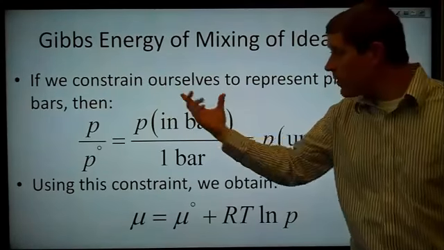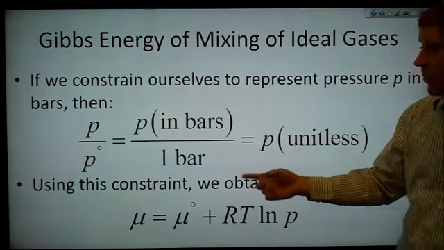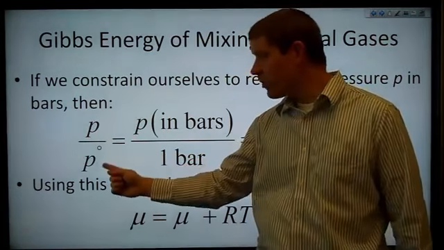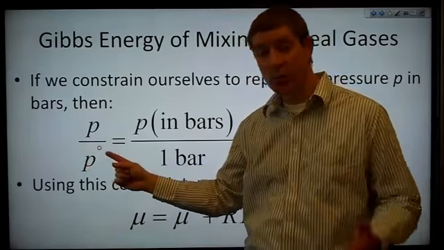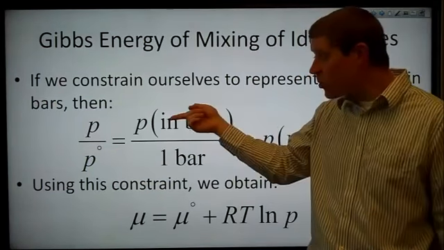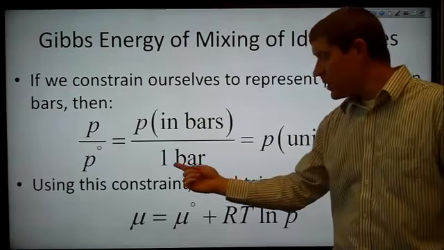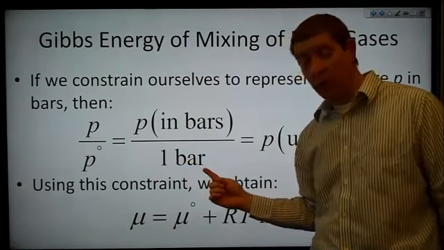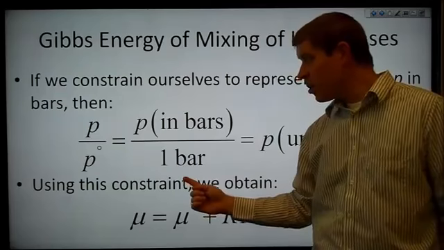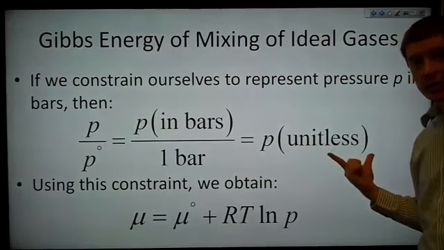If we constrain ourselves to represent pressure P in terms of bars, then we can say that this ratio, P over P naught, where P naught is 1 bar, is our pressure in bars. So as long as we're only inputting our pressure here in bars, then because P naught is 1 bar, P over 1 bar is just P, but now it's unitless.